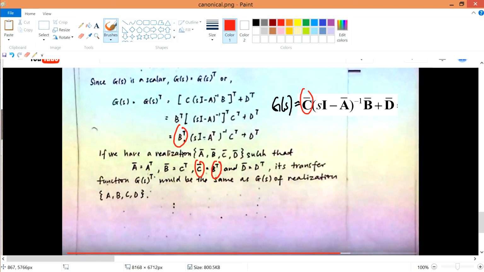So your C bar is equal to B transpose, and then you compare your B bar with your C transpose, which is over here, and your D bar with your D transpose. So you just need to understand how to convert this one, and then compare with your transfer function to derive this thing.